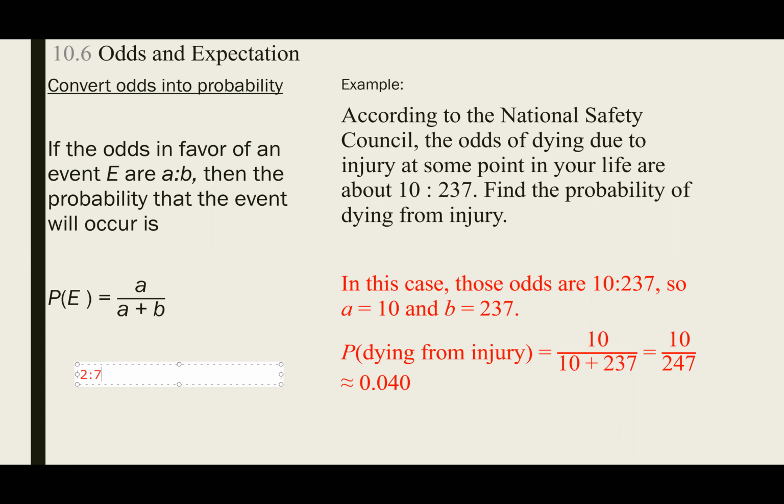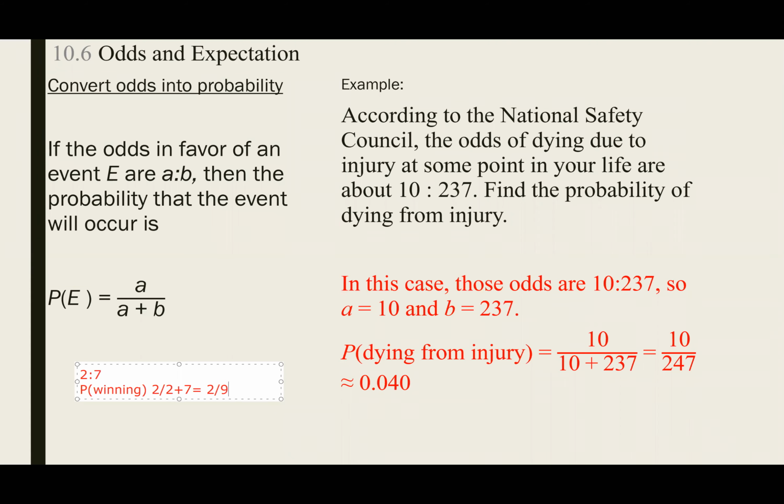Let's say the odds for the horse are 2 to 7, meaning the odds in favor of winning are 2 to 7. What will be the probability? Well, the probability of winning will be 2 divided by 2 plus 7, and this will give me 2 over 9.